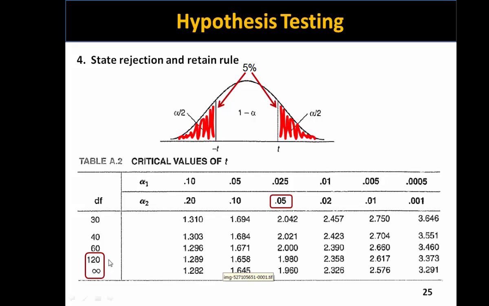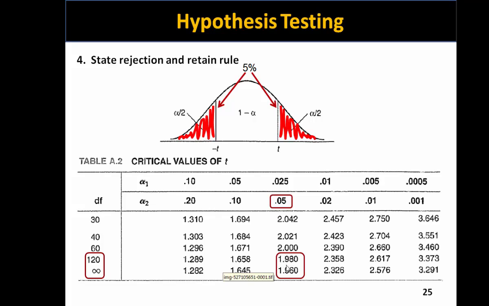The difficulty with the t-table sometimes is that it doesn't always give us the exact degrees of freedom that we computed from our research study. So if we scroll over to the column for the 0.05 level, we find that the critical t-value for 120 is 1.98.